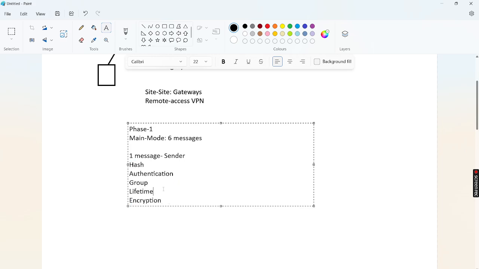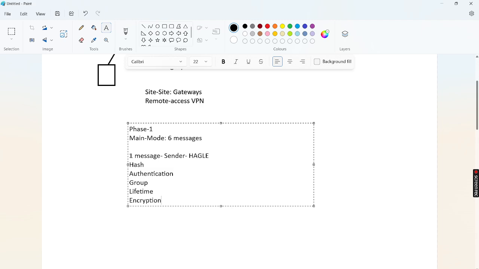For our understanding, I have made it into the HAGLE parameters. H means hashing, A means authentication, G means group, L means lifetime, and E means encryption. These are the parameters.